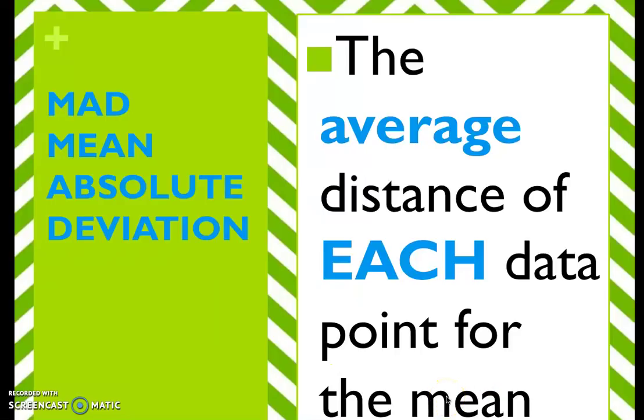Okay, the average distance of each data point from the mean. So really, it's not that scary. The mean absolute deviation is just talking about, on average, how far away are each data points from the average.